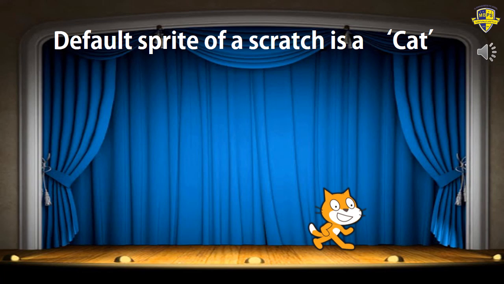Default means any object or thing that always appears first on a software when you open it. So I'm a default sprite of Scratch and my name is Cat. Meow, meow.